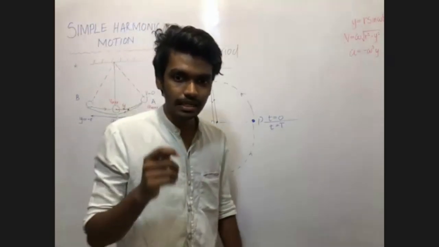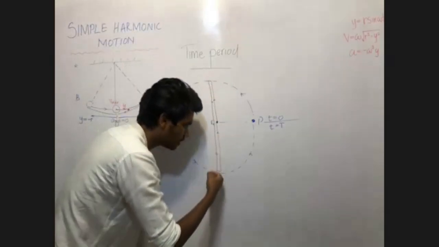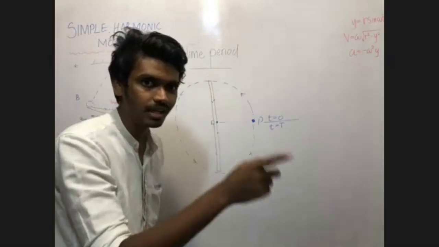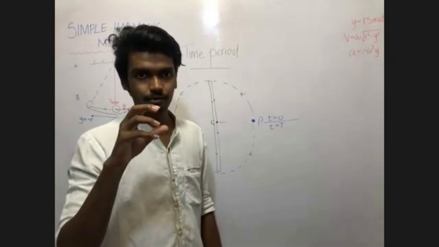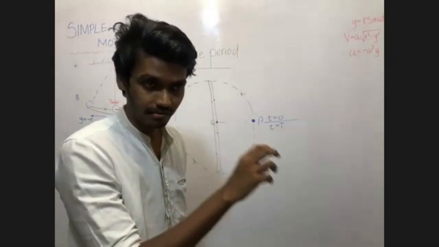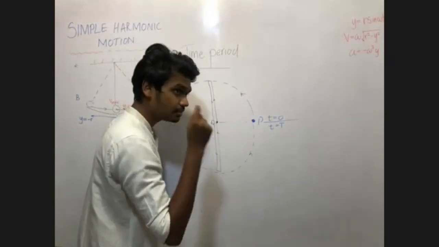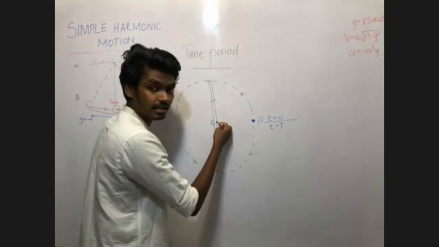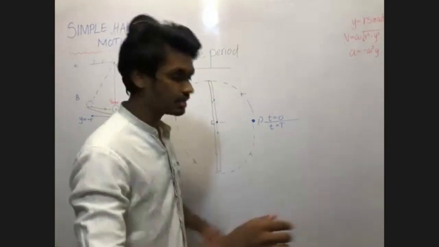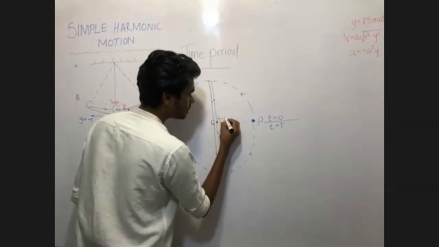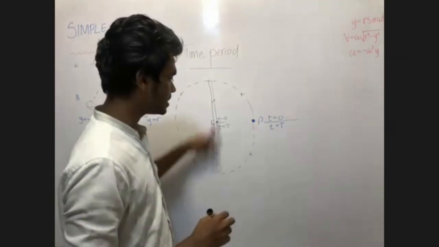The time taken by the particle Q to perform one complete oscillation. If it started at t equals 0, it should reach the same point at t equals capital T. Then only one oscillation is done.